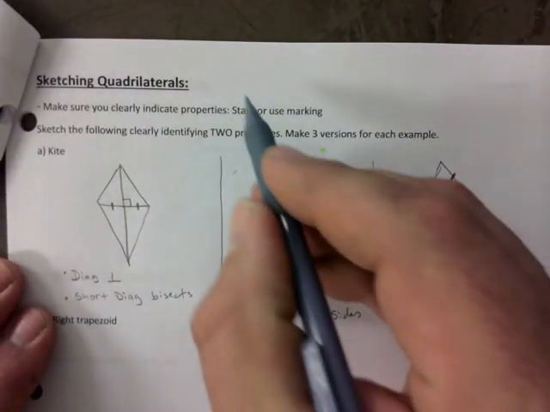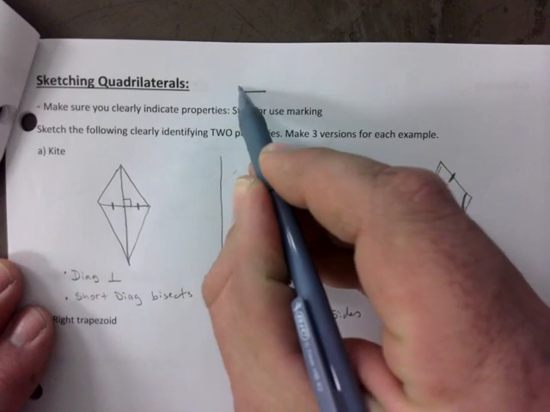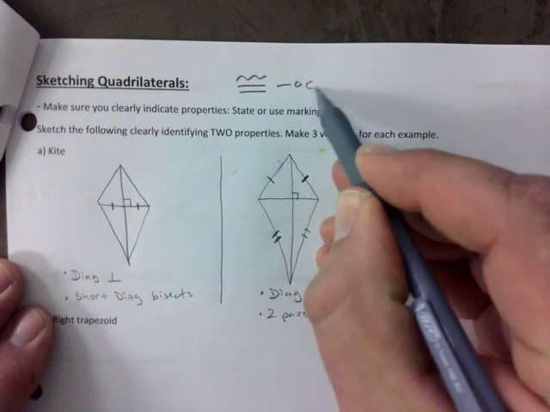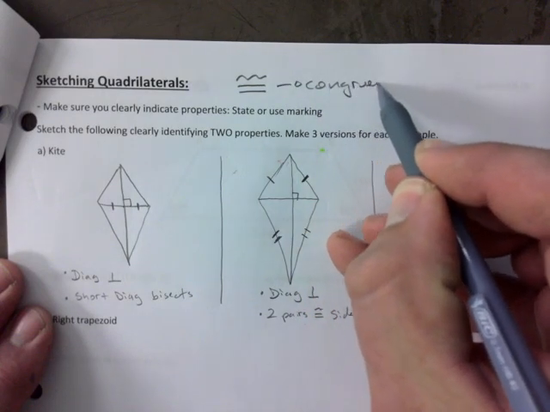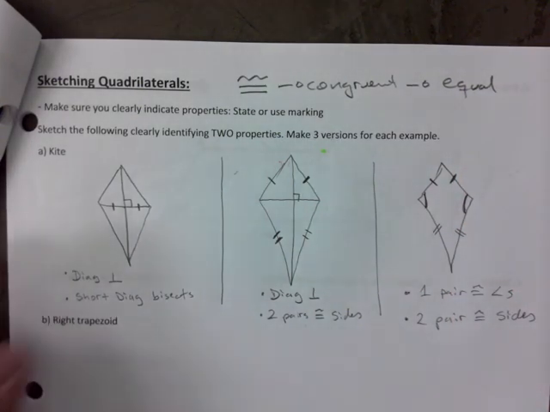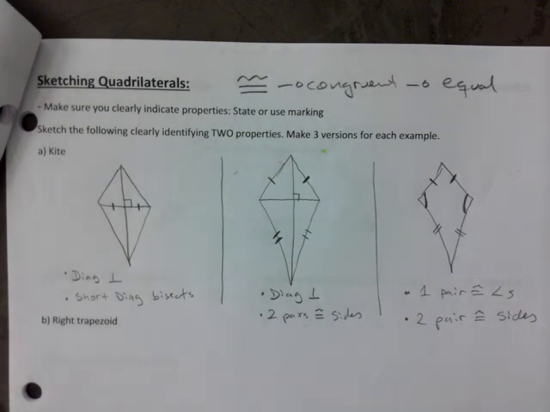Let me clarify, okay? Some students may think that I'm changing my notation. This, an equal sign with a third wave, means congruent, which means equal. I just need you to know the terminology so that when the exam throws it at you, you know what they're talking about.